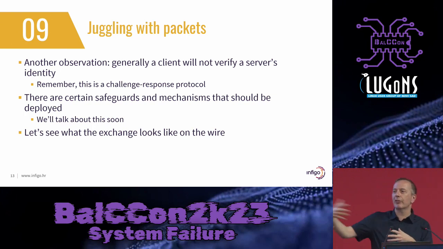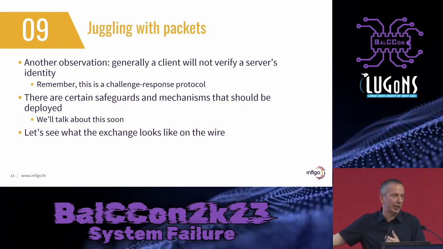So the client will not verify if it's talking to the server that it wanted to talk to, and the server will not care about who it's talking to. By default, with Windows 2022, so with the latest one, right? And this is why we will be able to very carefully exploit this by sending those connection attempts to different servers.